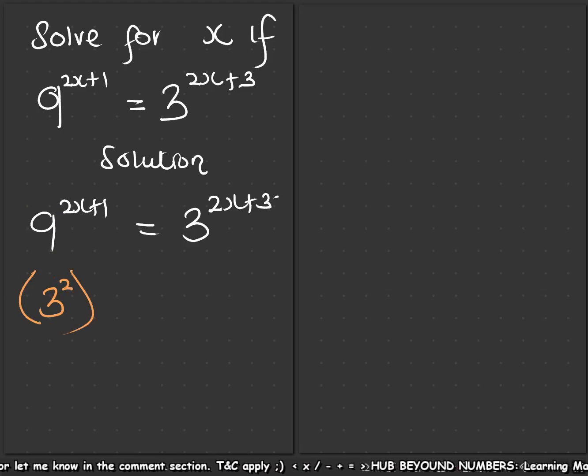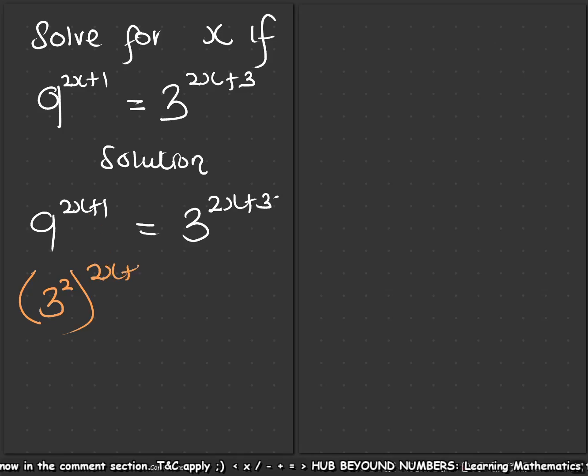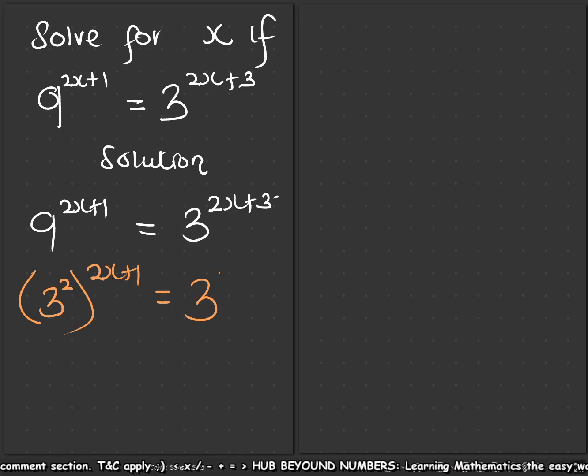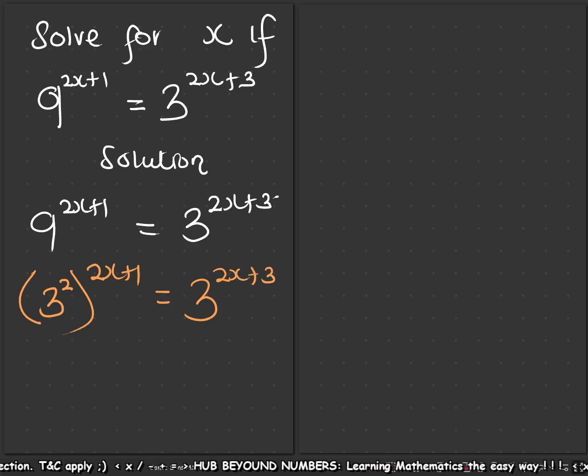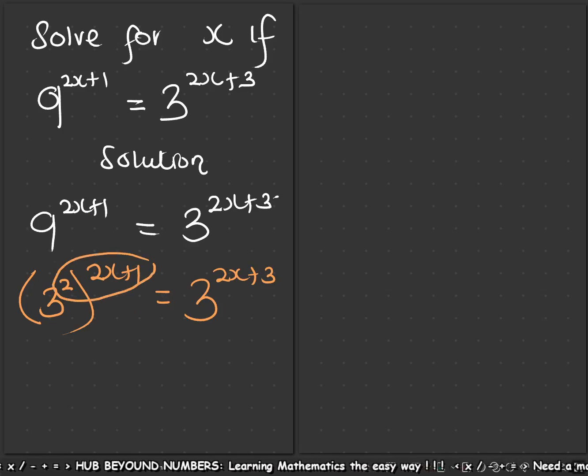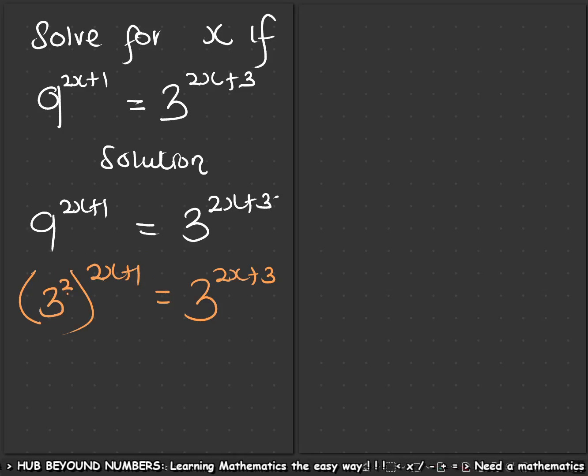So 9 raised to the power 2x plus 1 should be equal to 3 raised to the power 2x plus 3. Now we know from the laws that our index here is going to multiply all we have here.